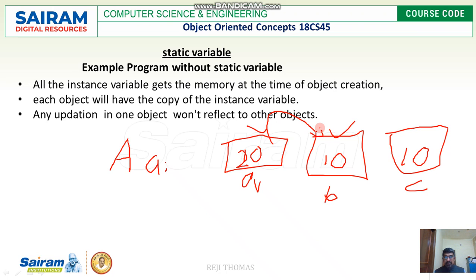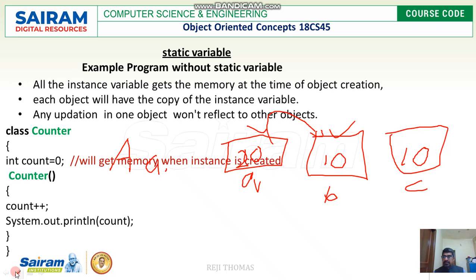Let me repeat. Every object which you have created is going to have its own memory, and every object is going to get its own copy of the instance variable. Updating one object will not reflect in the other objects, right? So let us see the program, so you'll have a better idea.